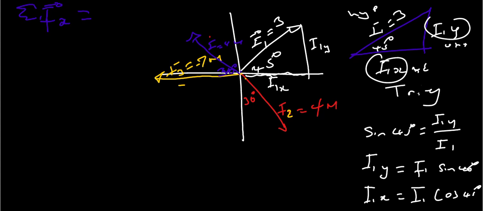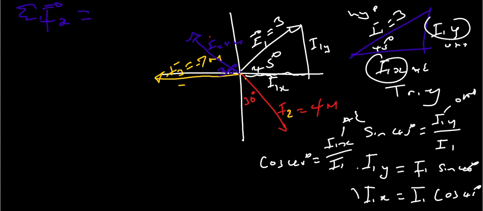This is still the same as when you say cos 45 degrees equals F1x over F1. Remember, we said this is the adjacent, this is the opposite, and this is our hypotenuse. That's why it's like that. So we cross multiply with the one beneath the cos 45, so it's going to be F1x equals F1 cos of 45 degrees. So we have these two.